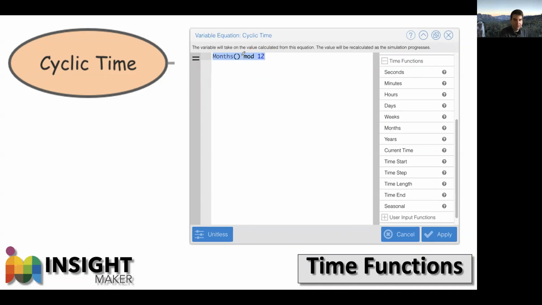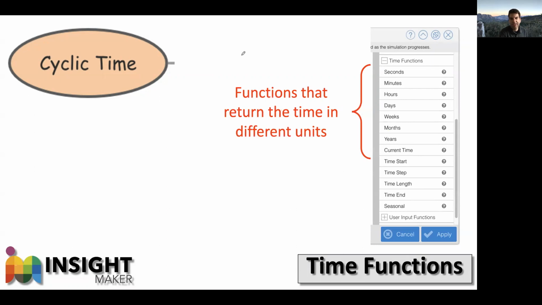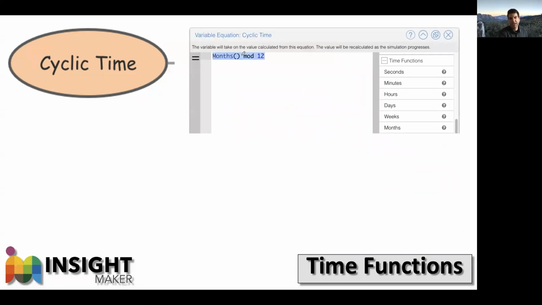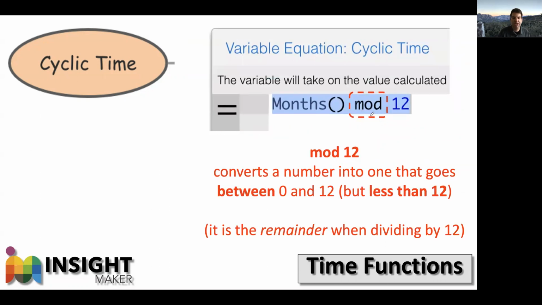I think I'm jumping the gun here. So time functions represent time in different units. This is all the stuff I've already gone over. Months, I already did this, and now I'm at mod. There's this function called modulo, and mod is basically the remainder when you divide by this number.